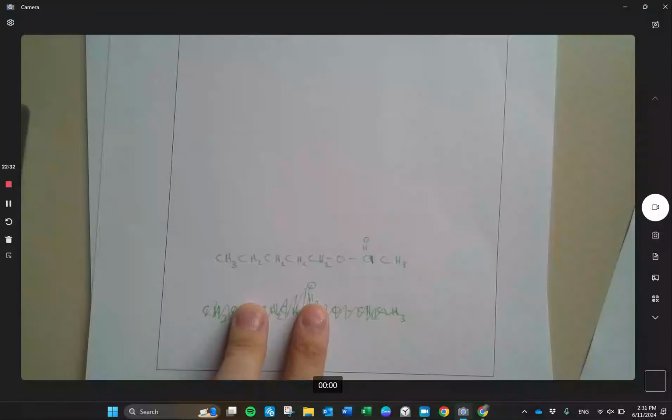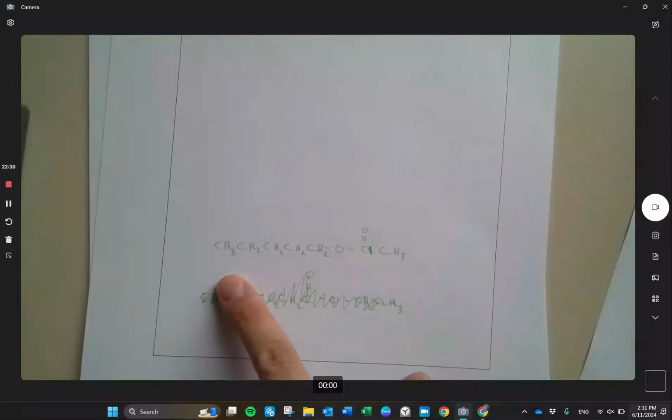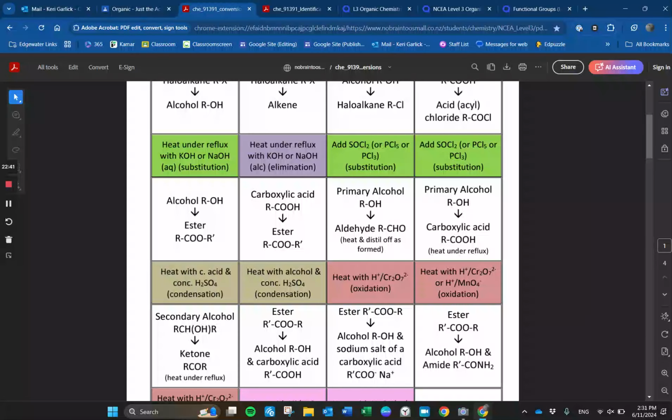That's my final product. So I'm going back to the flashcards, and I'm looking to the word ester, and I want it after the arrow because it tells me it's producing the ester. So if I backtrack, it says you then need an alcohol, and the other reagent you're going to need is a carboxylic acid and concentrated sulfuric acid with heat.